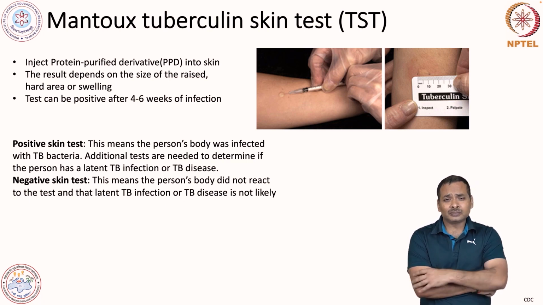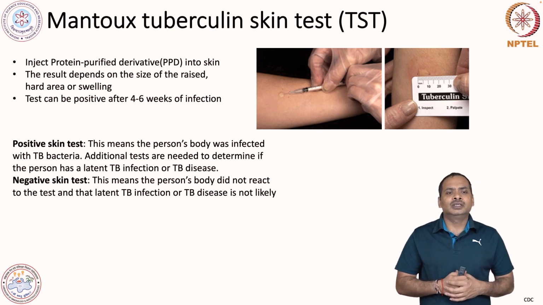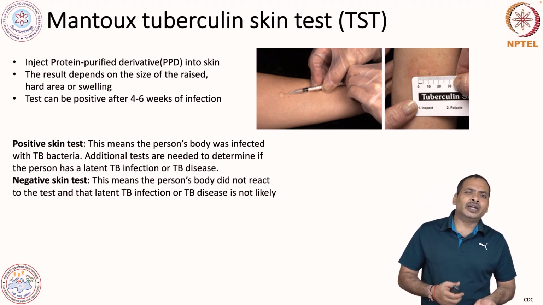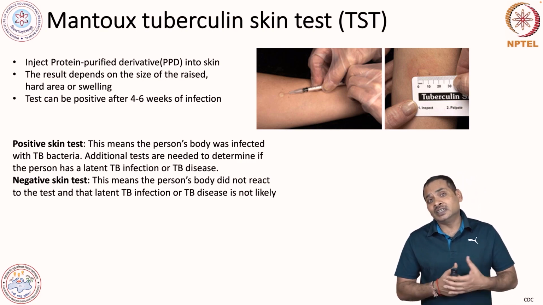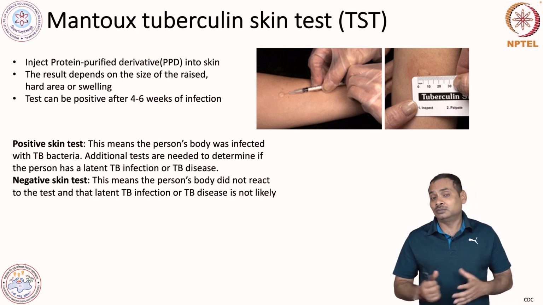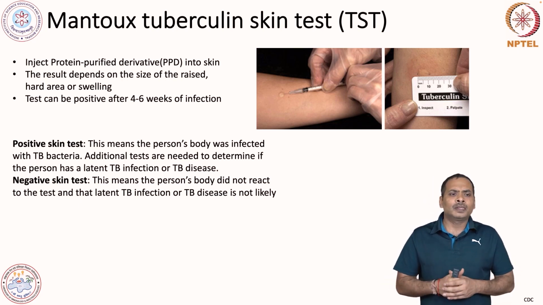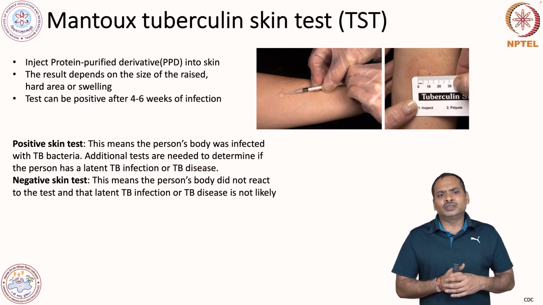After injection there will be an immune reaction, and just by reading that immune reaction we can say that the individual may have a Mycobacterium tuberculosis infection, but this is not firm. Generally, the test can be positive after 4 to 6 weeks of infection.